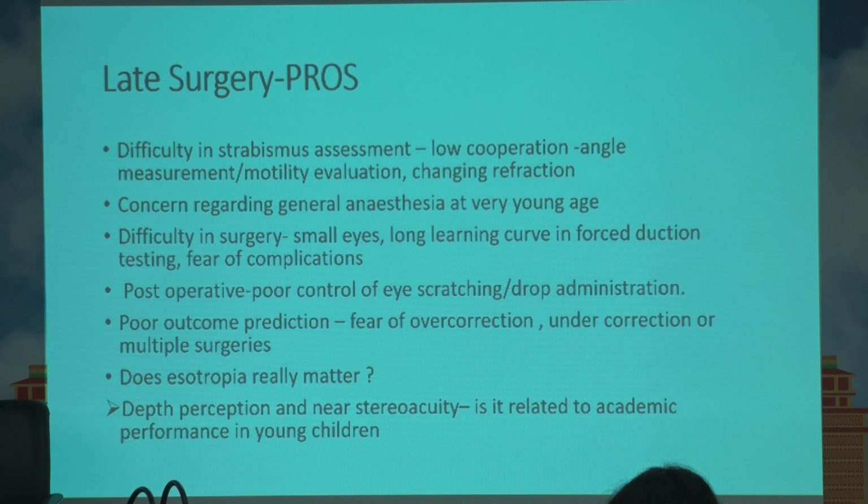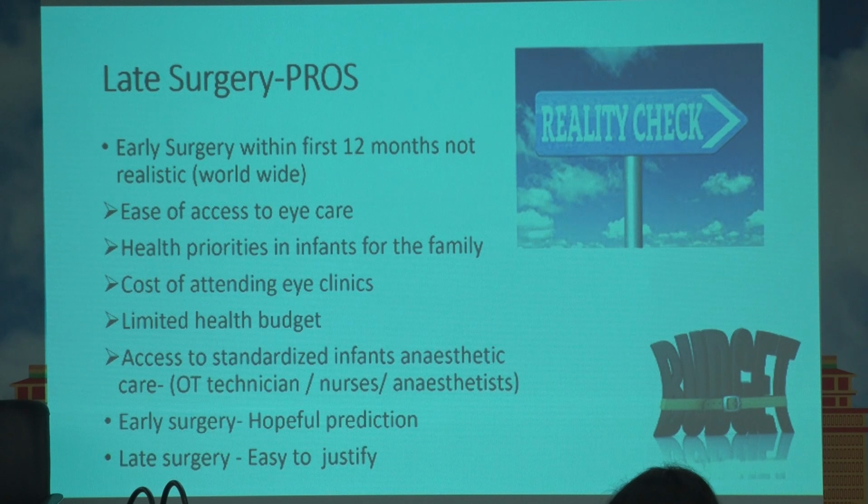So does not having very good neurostereopsis actually make a difference if we are operating early? So these are the factors going in favor of those proposing late surgeries. And also worldwide, if we look at these figures, most of the children do not report to us at the time when we can actually do the early surgeries. Especially in a country like ours, most of the children are coming to us very late.